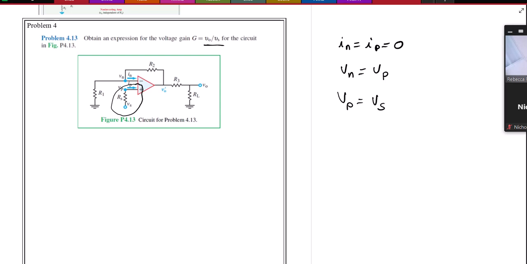And if I look at this branch right here, I can use voltage division: from ground to V out prime the voltage changes, and V out is in the middle between the two resistors. So V out equals V out prime times RL over RL plus R3.